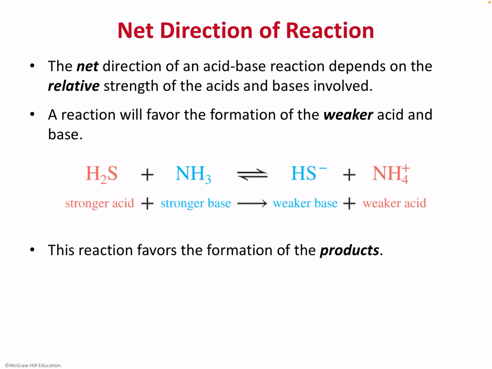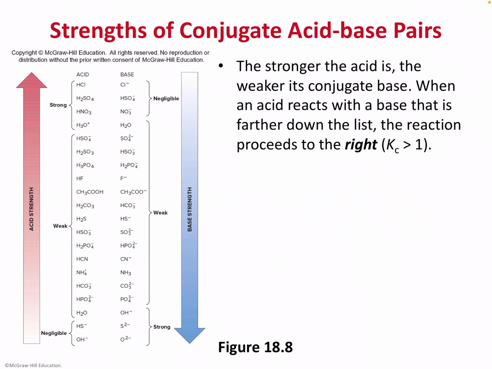But in this particular example, it is written here, this is a stronger acid, this is a stronger base. But how do we know that? By looking at a chart that tells us the strength of conjugate acid-base pairs. The stronger the acid is, the weaker its conjugate base. If you have a very strong acid, its conjugate base is going to be weaker.